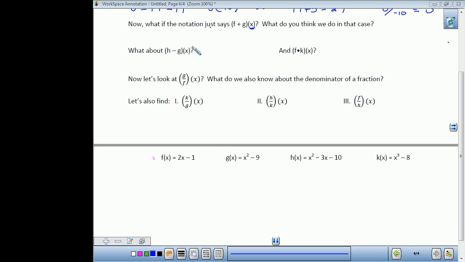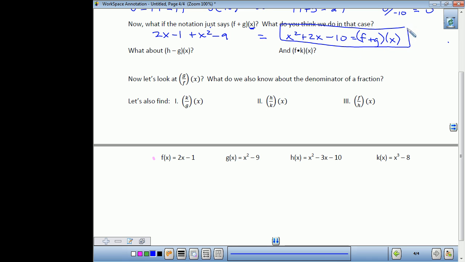So f and g, we've already done it. 2x minus 1 plus x squared minus 9 is x squared plus 2x minus 10. That is all we can write. That's as simple as it gets when they don't give us a value. That's what it looks like. This is the problem. That is our answer.